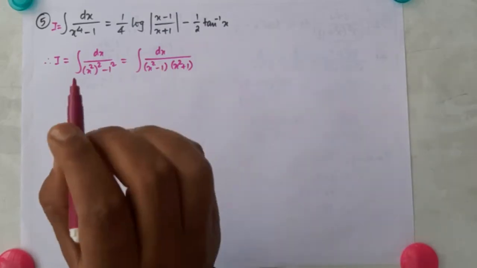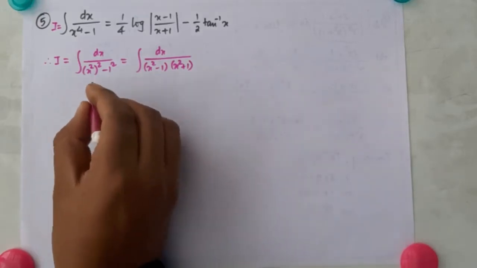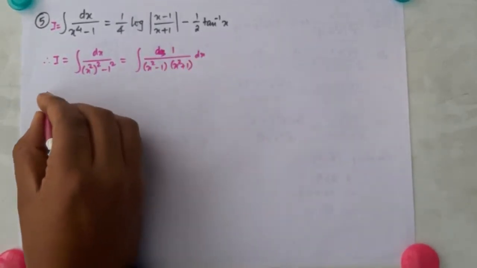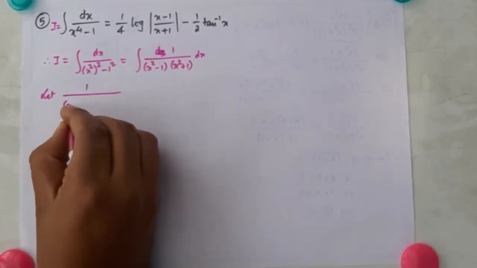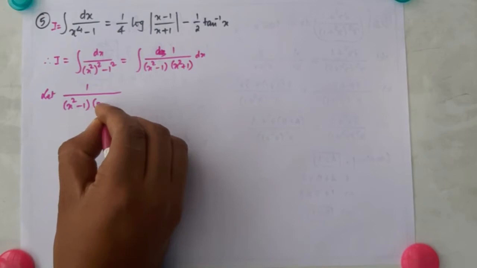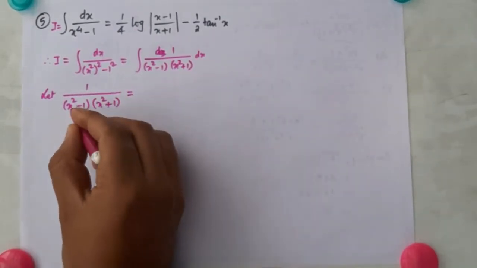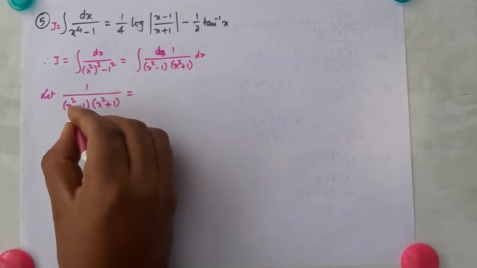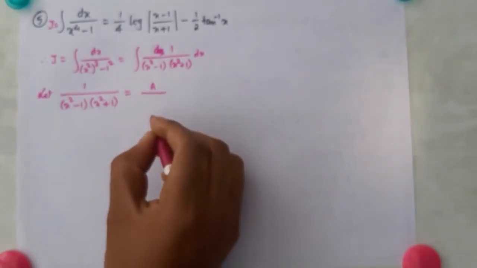But we have just seen that if I write this dx out here, then we have 1 here, so we can write 1 by x square minus 1 into x square plus 1 as, think that x square is just t, so this becomes 1 by t minus 1 into t plus 1, which again falls under the first category.